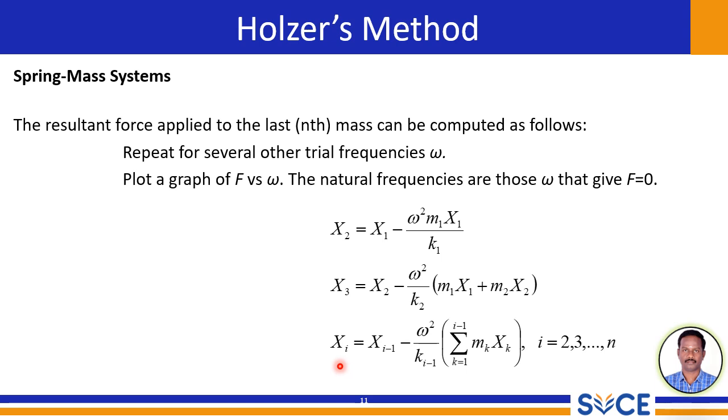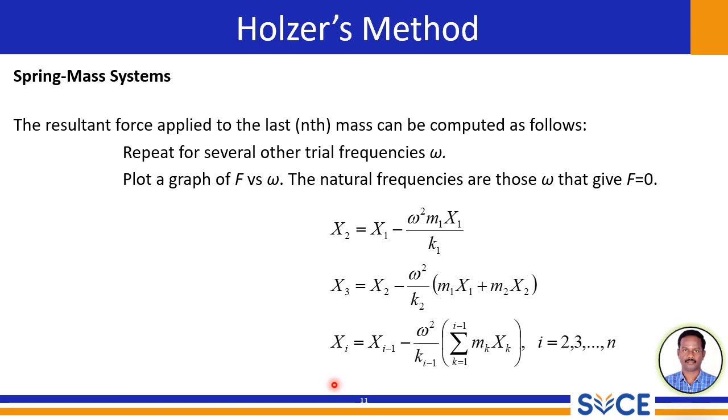These formulas depend on the assumed angular frequency omega, and the given mass and stiffness of the springs. After calculating the displacement amplitude of the last mass, that is x suffix n, we can determine the resultant force acting on it. In a free vibration scenario, this force must be 0 at a natural frequency.